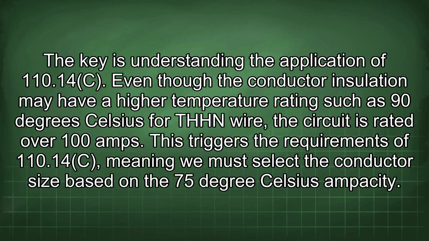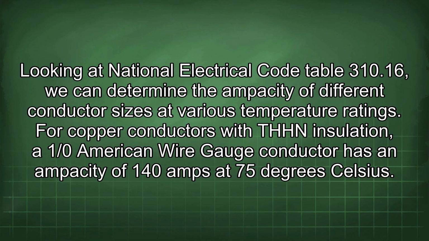This triggers the requirements of 110.14(C), meaning we must select the conductor size based on the 75°C ampacity. Looking at National Electrical Code Table 310.16, we can determine the ampacity of different conductor sizes at various temperature ratings. For copper conductors with THHN insulation, a 1/0 American wire gauge conductor has an ampacity of 140 amps at 75°C.